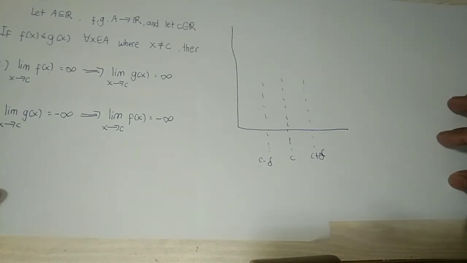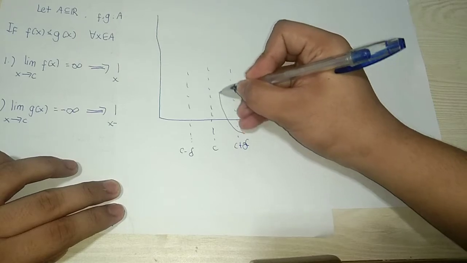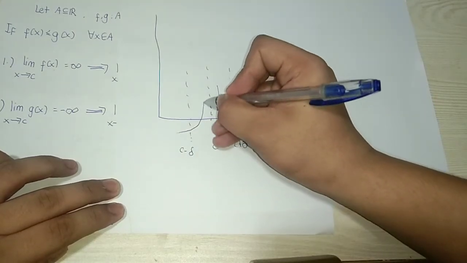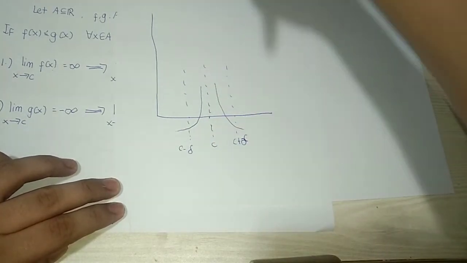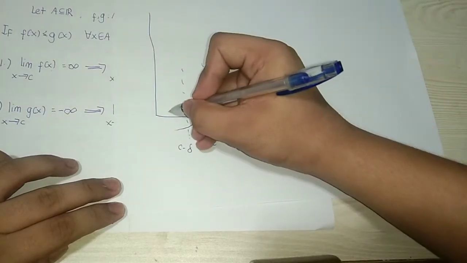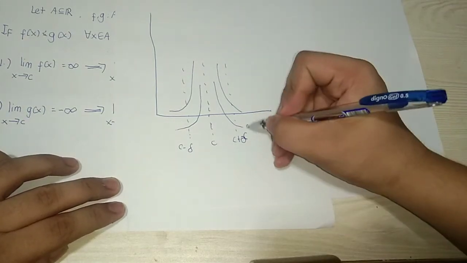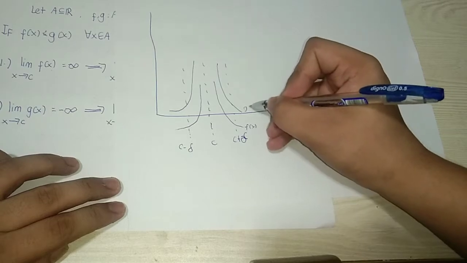So, kapag daw yung mas mababa, let's say ito yung f of x, nag-a-approach sa infinity, then yung mas mataas, automatic mag-a-approach din daw sa infinity. So, let's say ito yung f of x. Ito yung g of x.